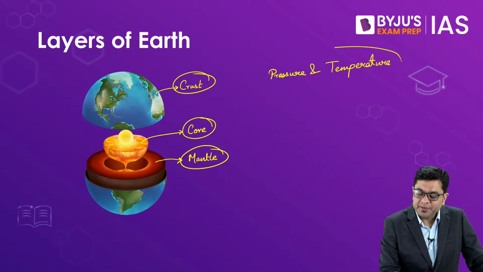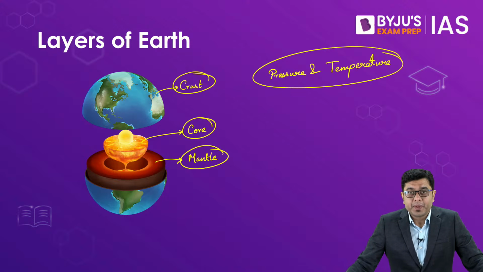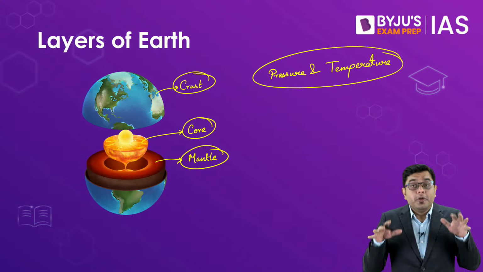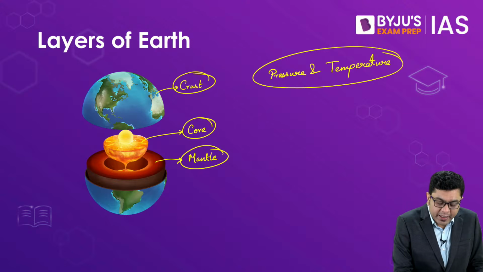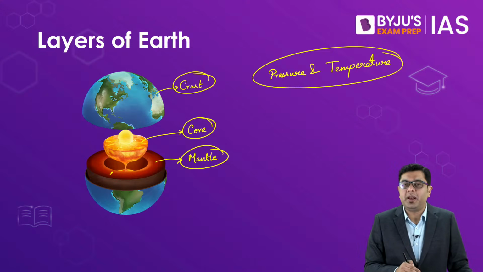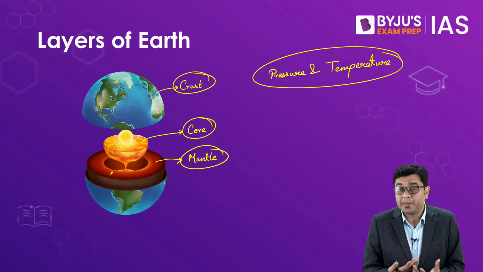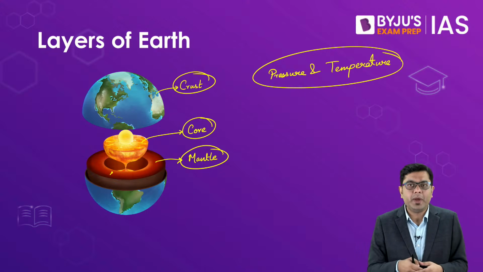Now, we have to understand that the pressure is acted upon from the surface itself. As you start going into the inner portions of the planet, the pressure acting from all the upper layers keeps on increasing. That increase in pressure oftentimes also leads to a rise in temperature as well.